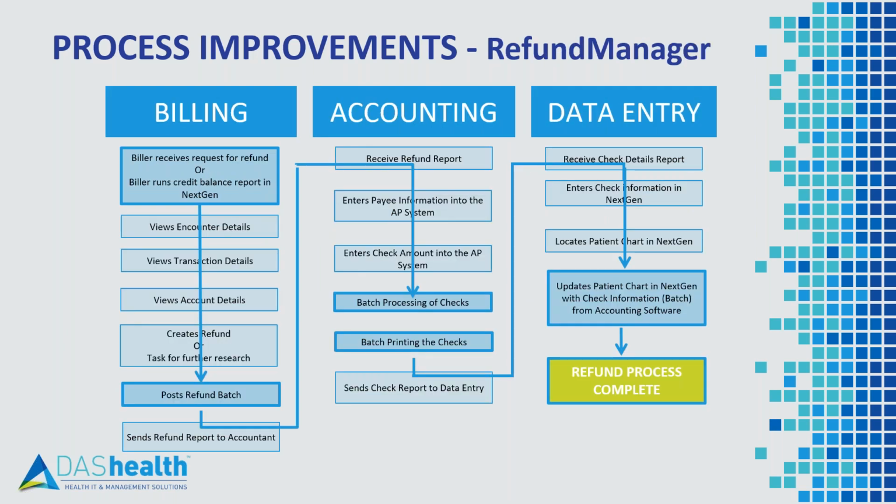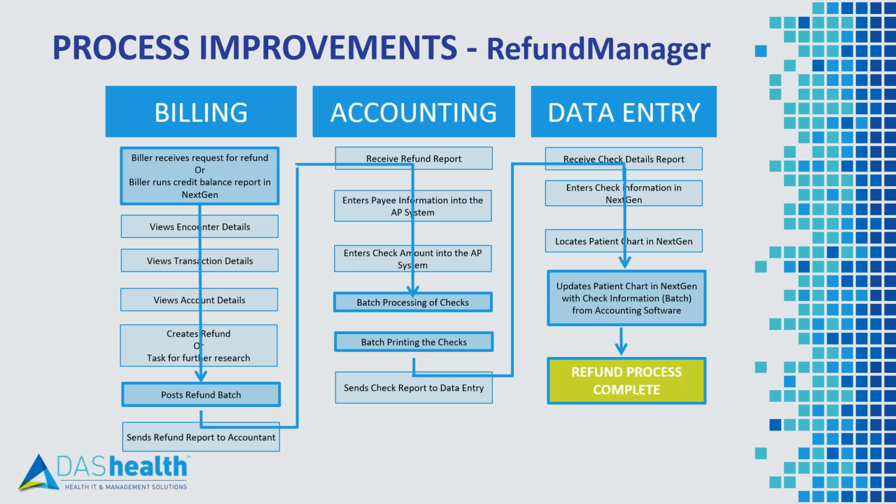This is the process improvements of the Refund Manager software. Again, the lighter color boxes are the points along the process that Refund Manager touches in some form or fashion, either to streamline the process or to automate it. As I mentioned, it makes it much easier for you to find the credit balances on the patient accounts through the various filters and search mechanisms.